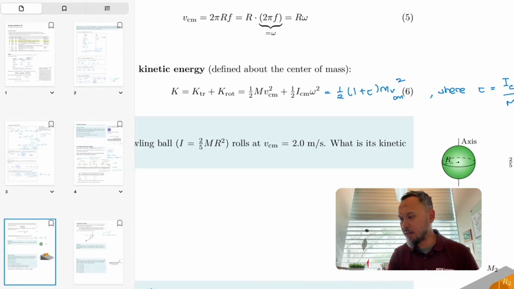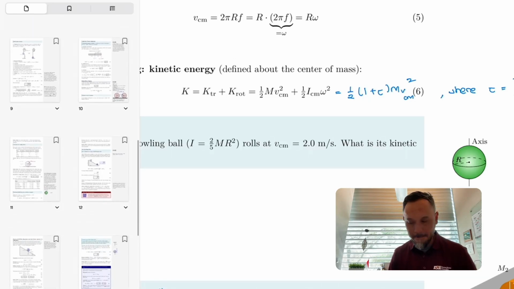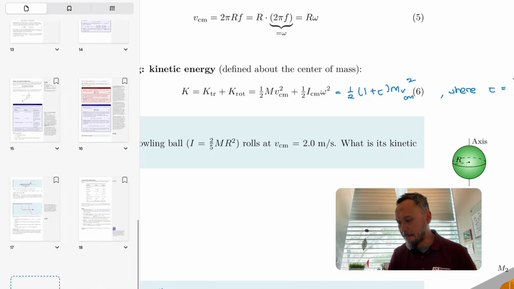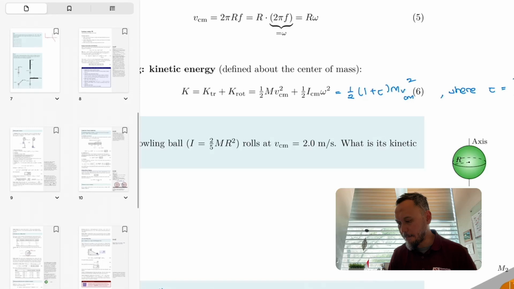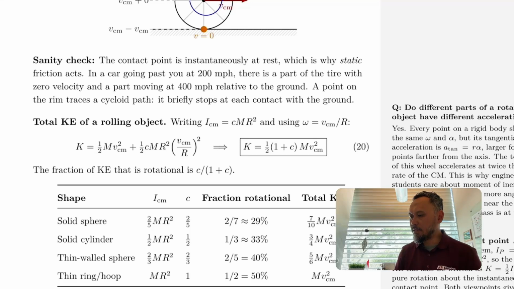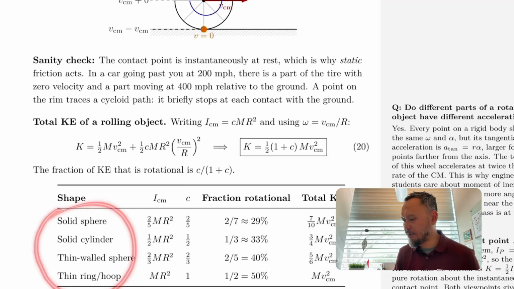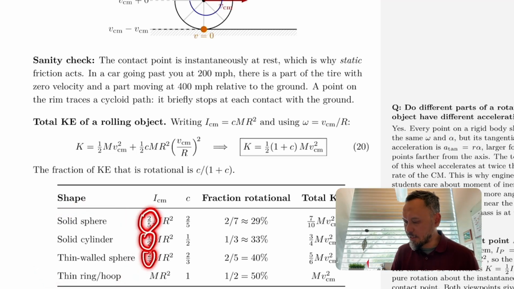Basically, let me show you where in the lecture notes. Okay, so this is the expression here. c is the ratio between the moment of inertia of an object that rotates with respect to the center of mass, and m r squared, and then c is just the prefactor.